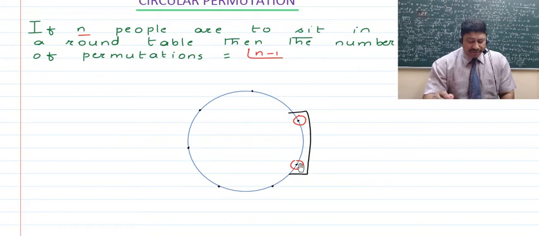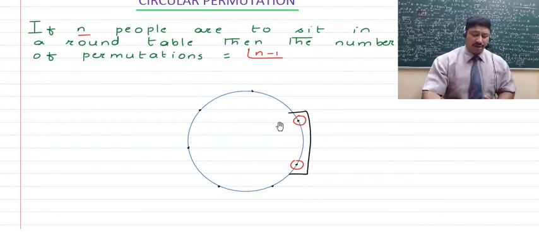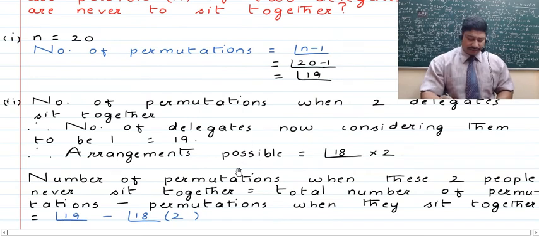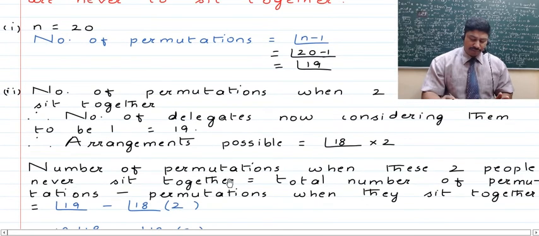First, we already found the number of arrangements possible when any person sits anywhere, and then we find those permutations when these two people sit together. If we subtract this from the total number of permutations, we will get the number of permutations when none of these people sit together. So first we found the number of permutations when both of these people sit together.